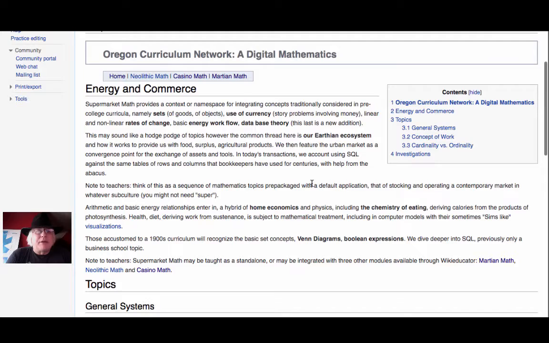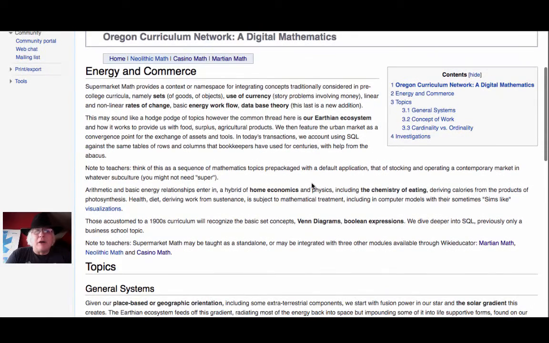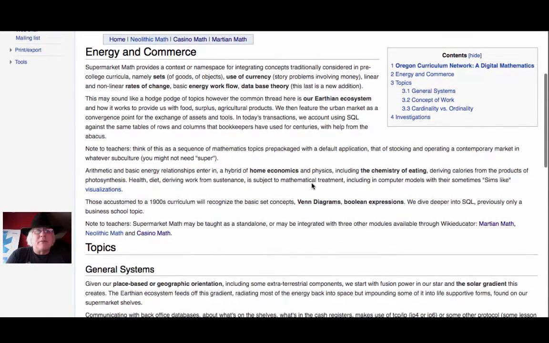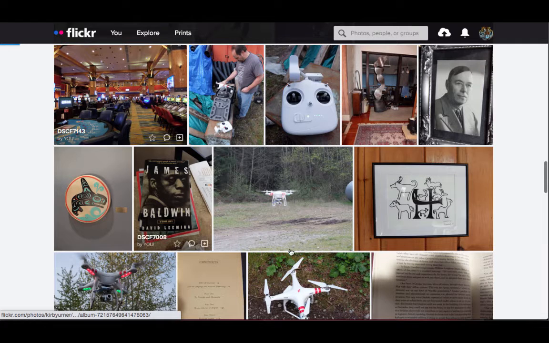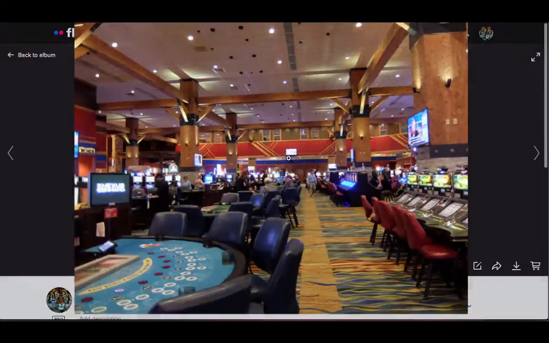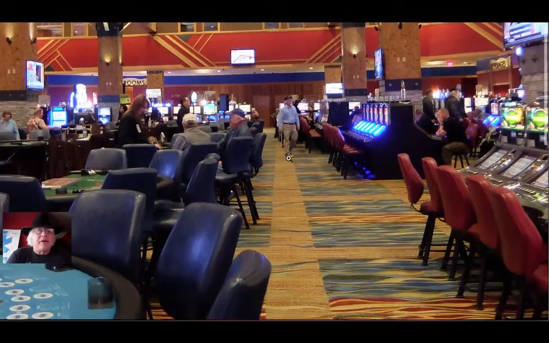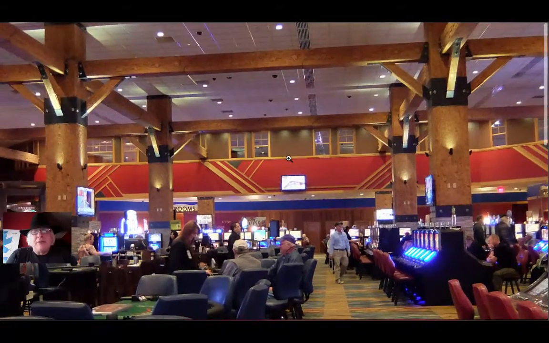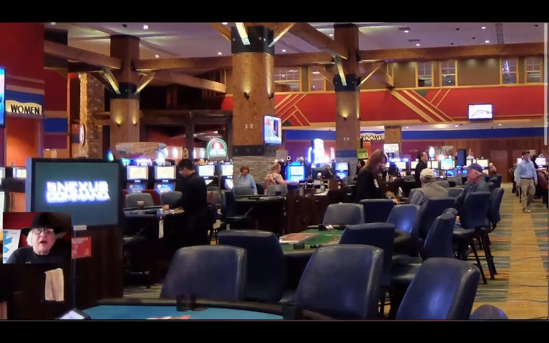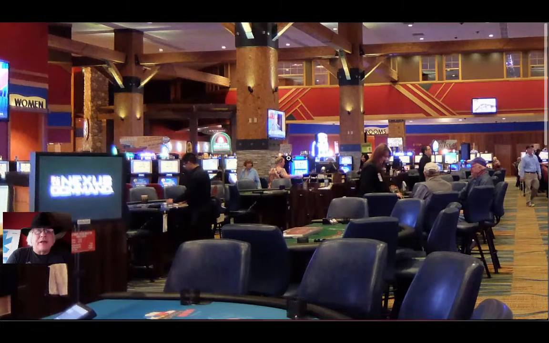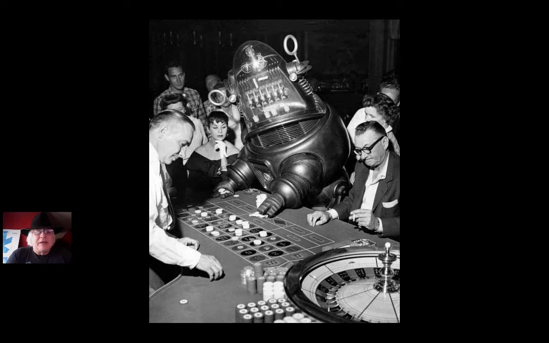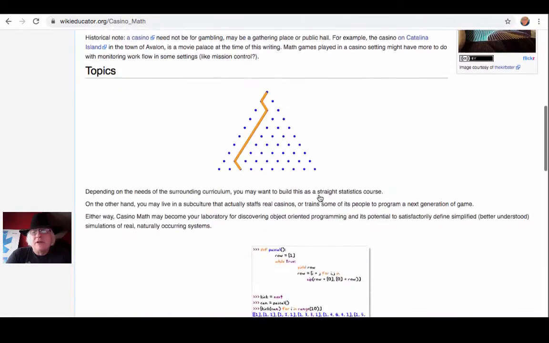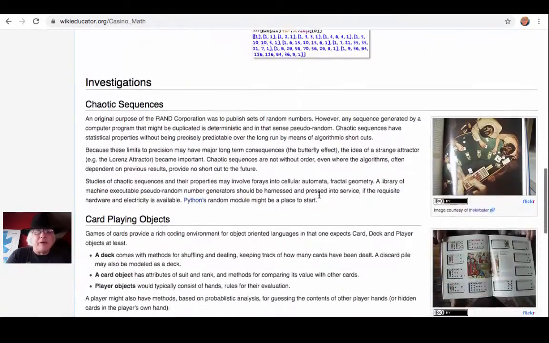And you would expect with a name like supermarket math that we're dealing with commerce here, but actually we have casino math also, which has a lot of geographic significance here. In my neck of the woods, we have a lot of casinos, but those are not what you'd want maybe as your flagship topic, and yet you still want to talk about statistics and games, risk management, probability.